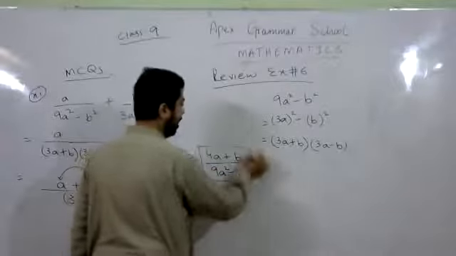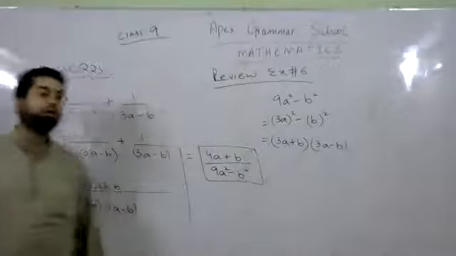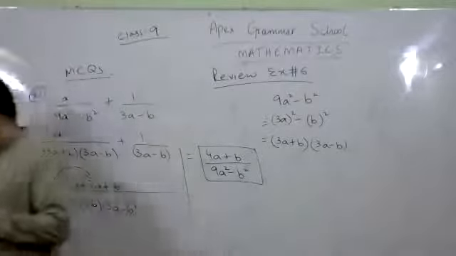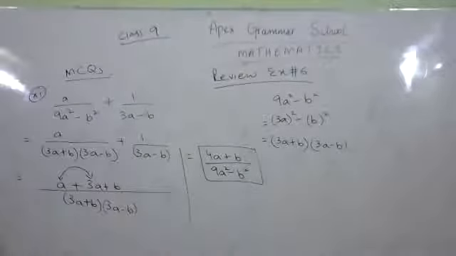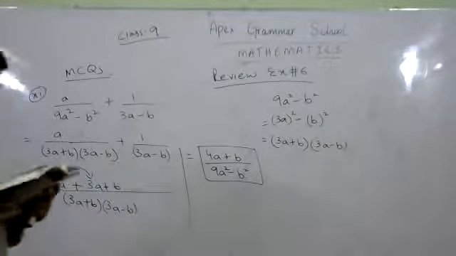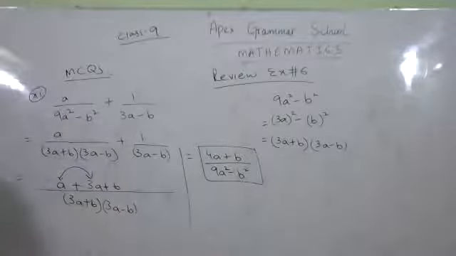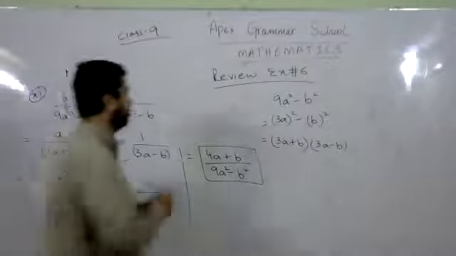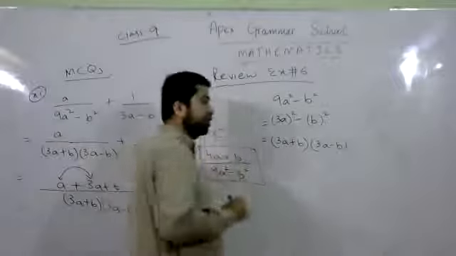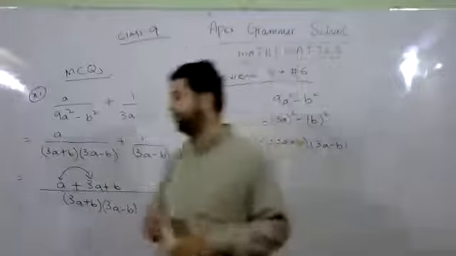And you are left with this answer. So this will be your correct option. The correct option is 4A plus B, and in the denominator you are left with 9A square minus B square. Option C is correct, so you need to click on it.